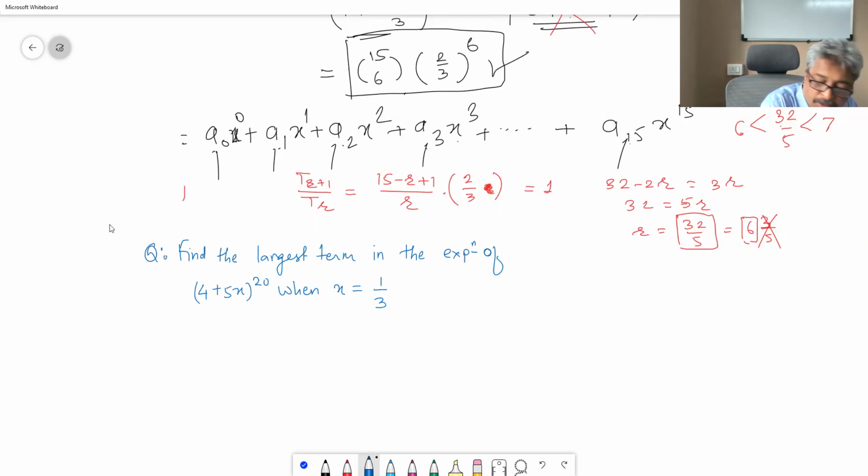I am giving you the value of x also. So find the largest term in the expansion of 4 plus 5x raised to 20, and maybe show me in factorial or choose notation. That should be fine.